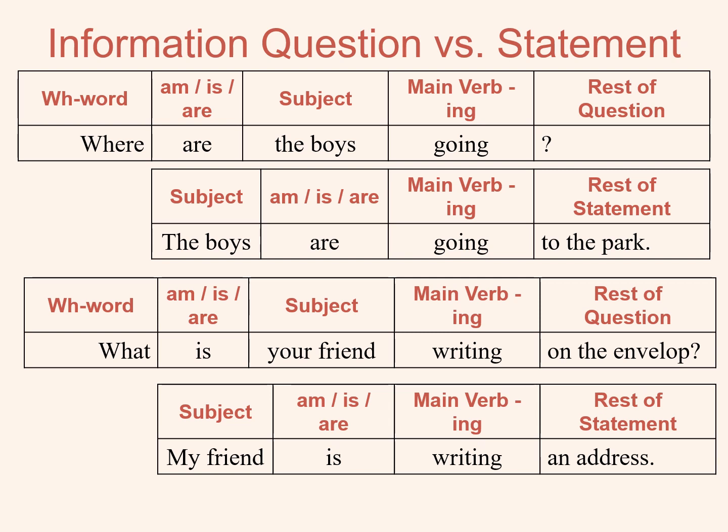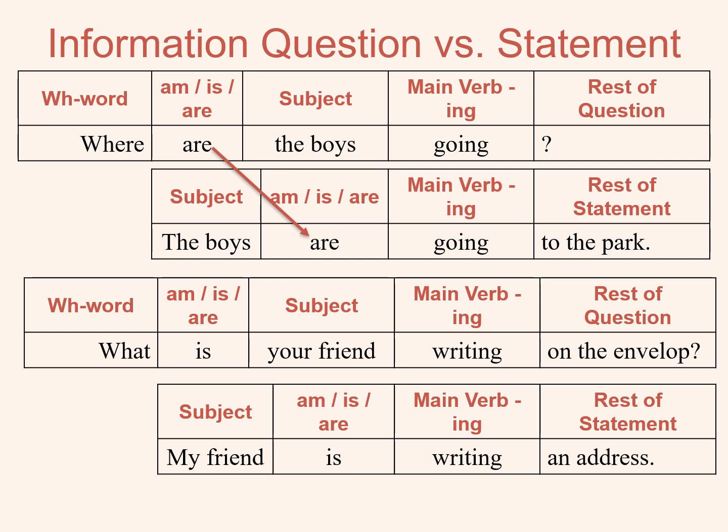In the statement, we don't have the question word because in the statement, we're going to answer the question. So we begin with the subject, the boys, and then we get are going. So notice in the question we get are the boys, but then in the statement we get the boys are.